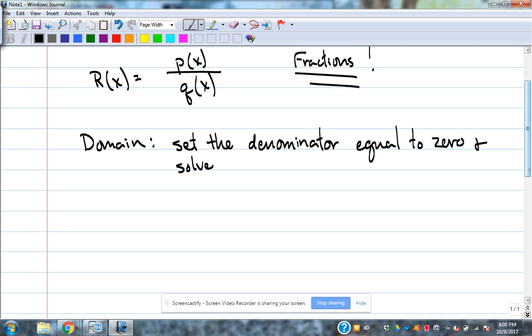The next thing that you want to do after you find the domain would be simplify the fraction. And what I mean there is you're going to take the factored form of both the numerator and the denominator and try to cancel a factor out if possible. So that's going to involve factoring. We'll look at that some as we go through there.